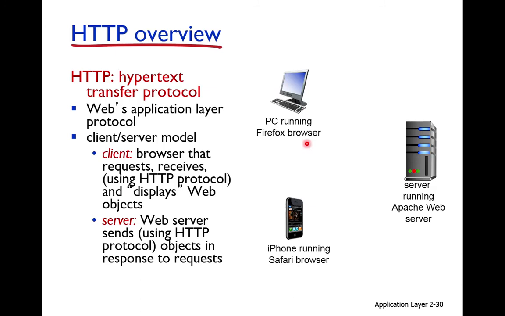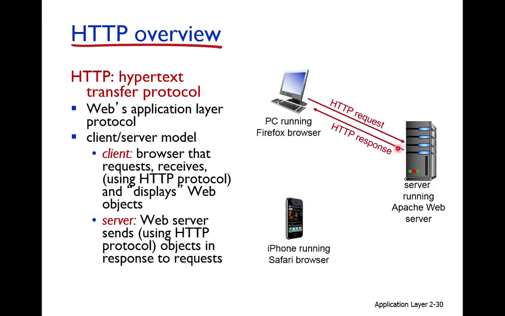The client is like a browser, Internet Explorer, Mozilla, etc., and the server is running on another machine. Both use the HTTP protocol to access the web objects on the server.